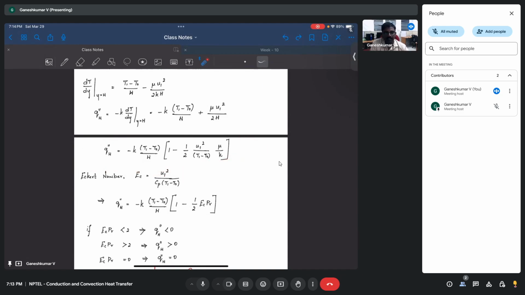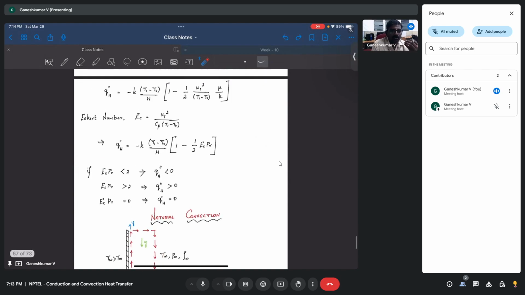Now we are defining an important number here called the Eckert number. This Eckert number is defined as u1 square by Cp into T1 minus T2. If you think about it, this Eckert number is nothing but the ratio of kinetic energy to the thermal energy stored, right?